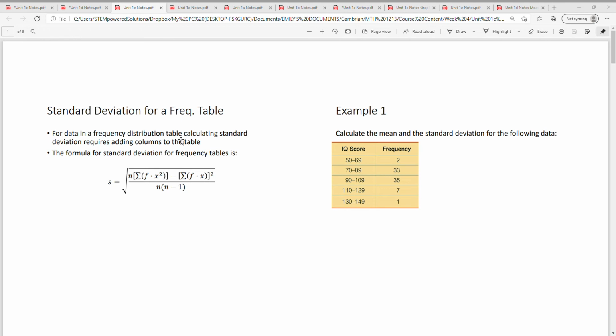Keep a couple extra decimal places. And the square root of that number is equal to 14.76. So this is the standard deviation of this table. So the standard deviation equals 14.76.